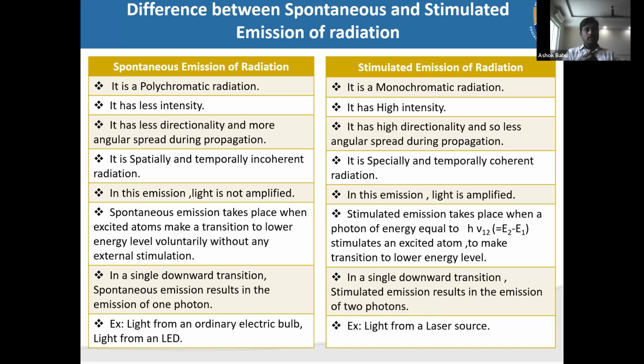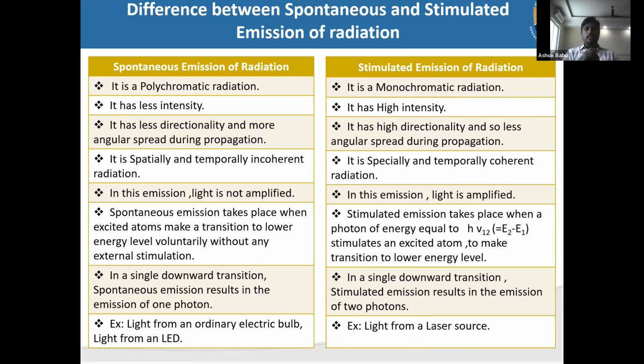Spontaneous emission takes place when the excited atom makes a transition to the lower energy level voluntarily, without any external stimulation. Stimulated emission occurs only with a stimulus. Stimulated emission takes place when a photon of energy equal to h nu stimulates an excited atom to make a transition to the lower energy level.